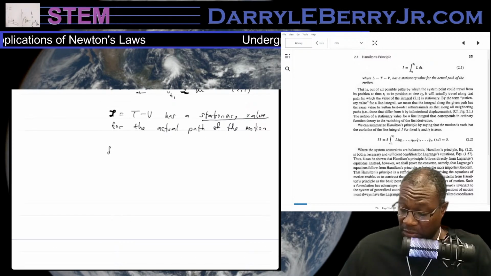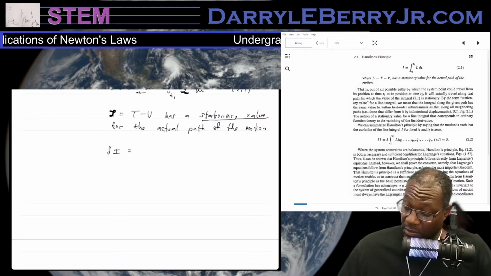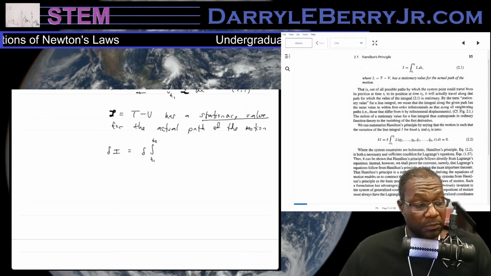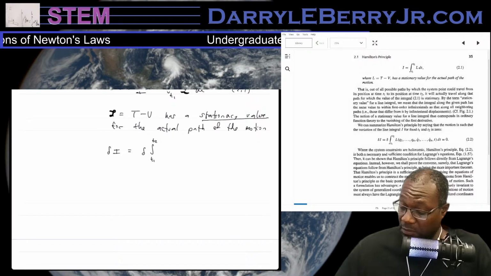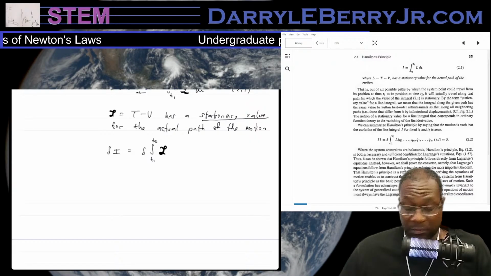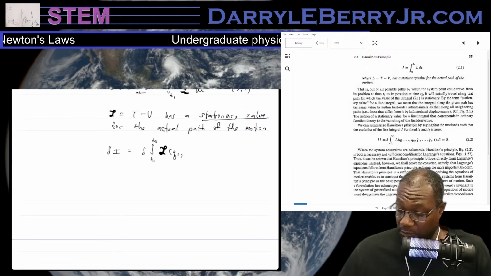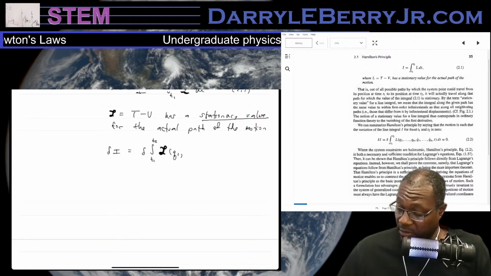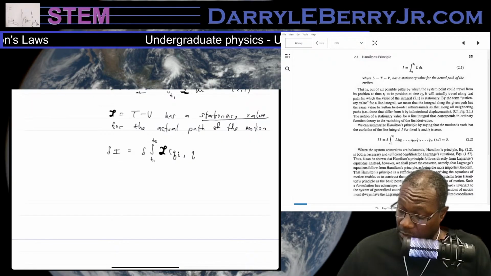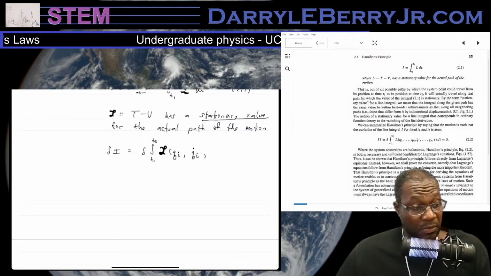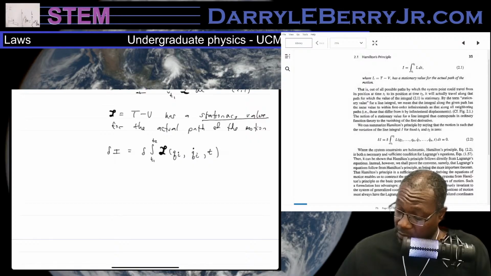So the variation of the action integral equals the variation of the integral from T1 to T2 of L(q_i, q̇_i, t) dt, which equals 0.